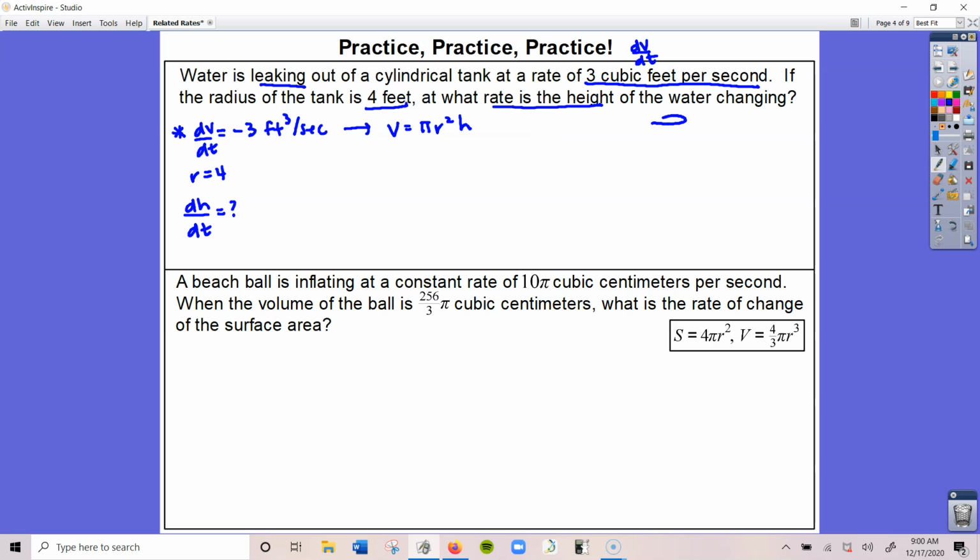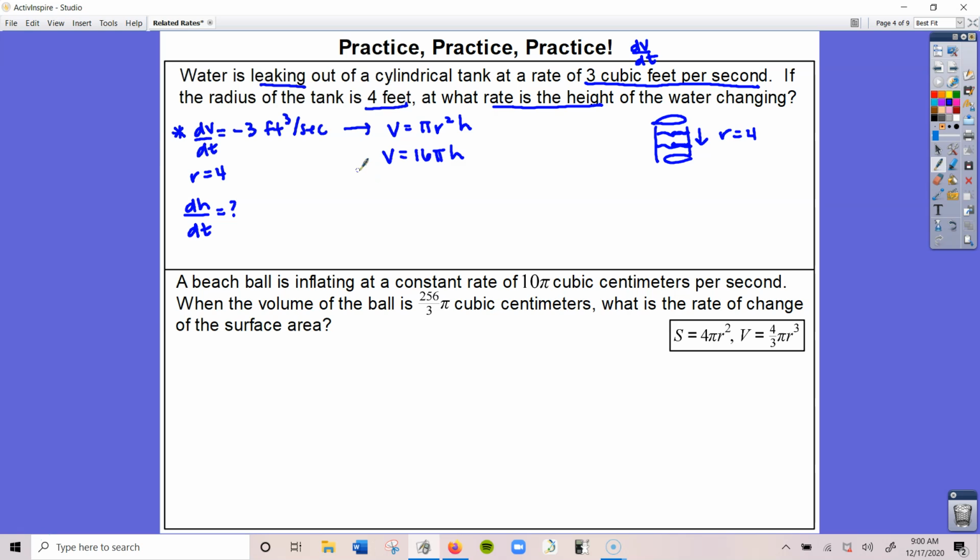Now remember, in a cylinder, even if the water is leaking and the height is decreasing, the radius, no matter where you go along the cylinder, is always going to equal 4. So that radius is considered a constant, and I can plug that in before I differentiate. So volume is equal to pi r squared, so 4 squared, 16 pi h.